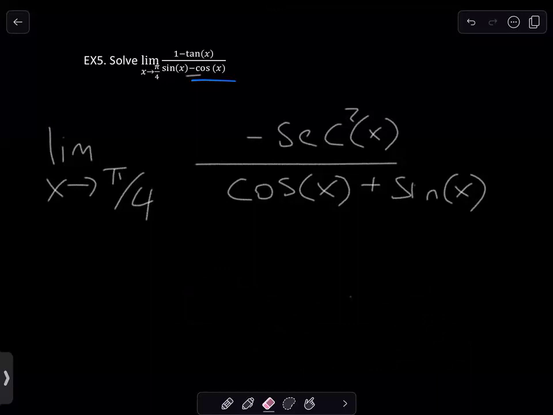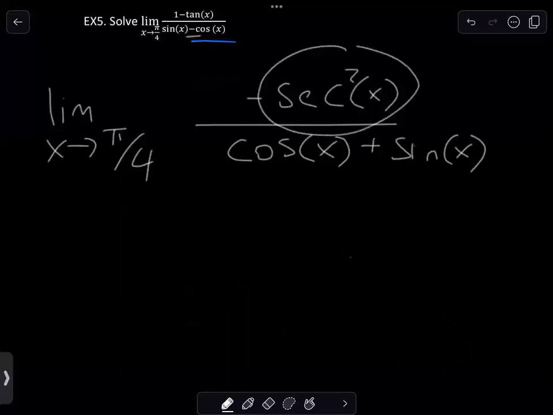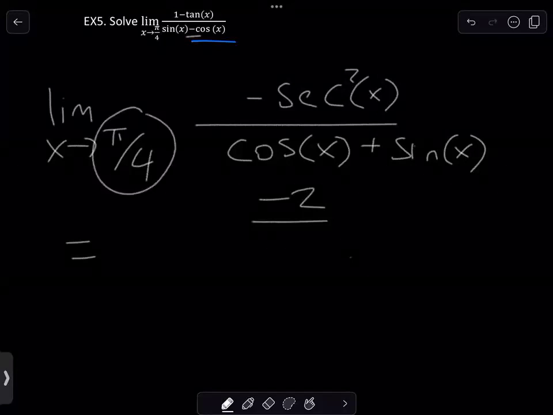Now, let's try a direct substitution. So let's work with the secant squared of x. If you substitute pi/4 into negative secant squared, you are going to get -2. And if you substitute pi/4 into cosine of x, you're going to get √2/2. And then substitute pi/4 into sine of x, you're going to get √2/2.